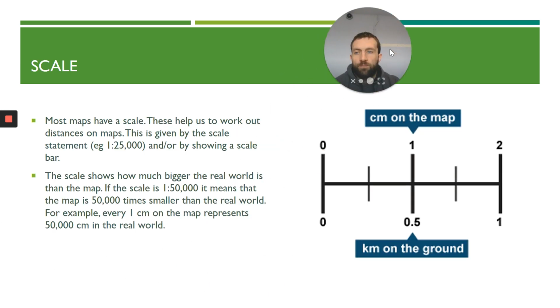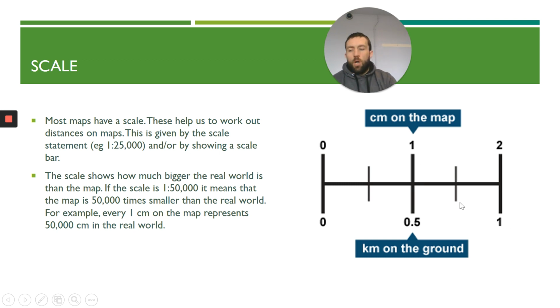So, scale, basically you'll see a thing like this in the corner of a map, which means 1 centimetre on the map equals this distance on the ground, and this one is in centimetres and kilometres. So 1 centimetre on the map is half a kilometre, which means 2 centimetres is 1 kilometre.